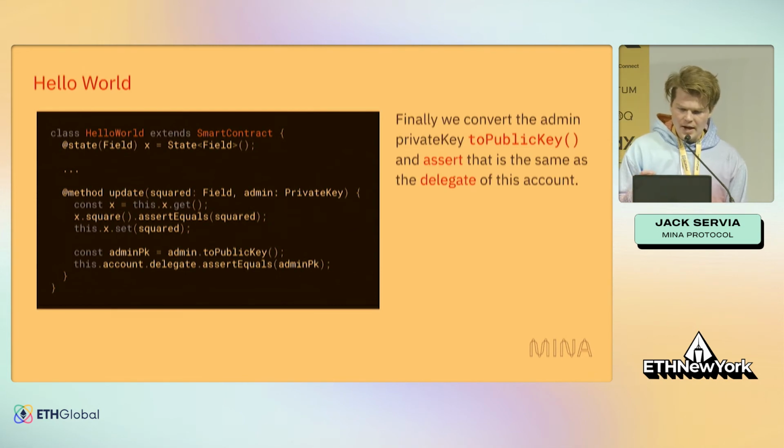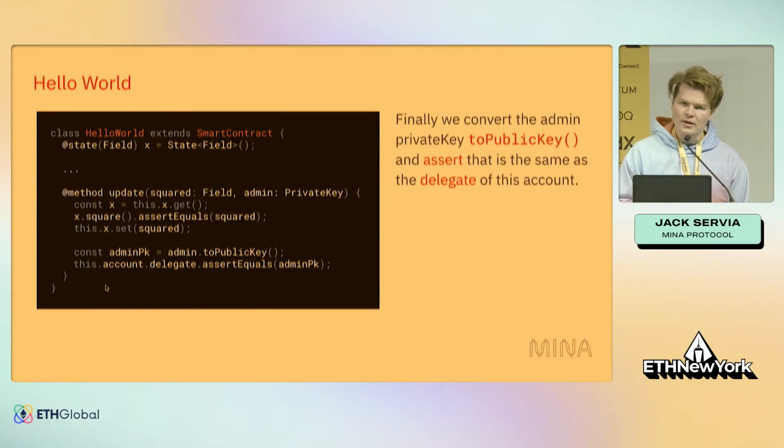Finally, we'll take this admin private key, and we'll convert it to a public key. This is a totally constrained method, so we can pass a public key directly into a method that we're calling, because it all happens on our local machine. And then we can compute the public key from that.